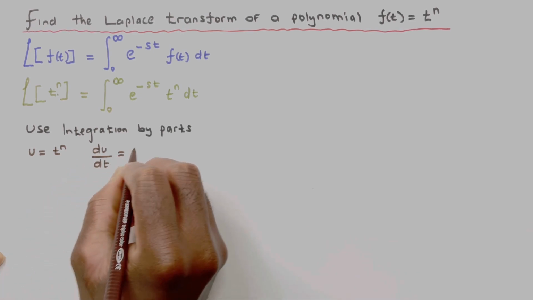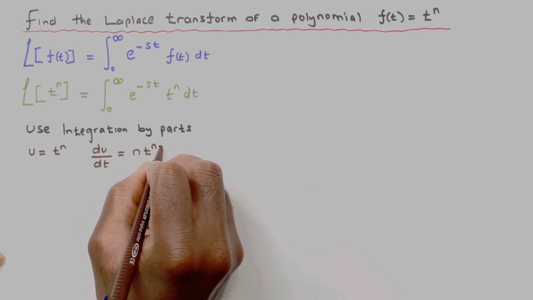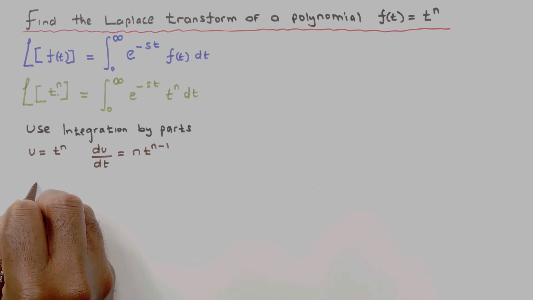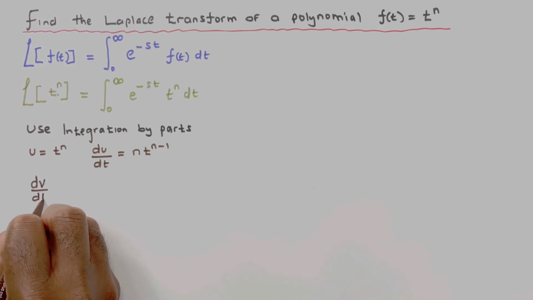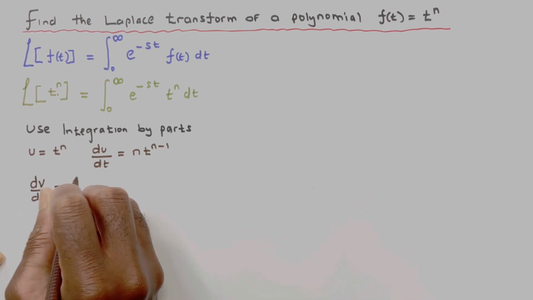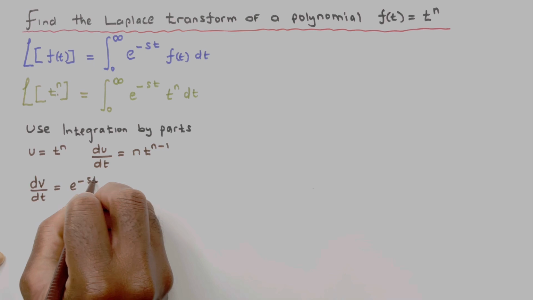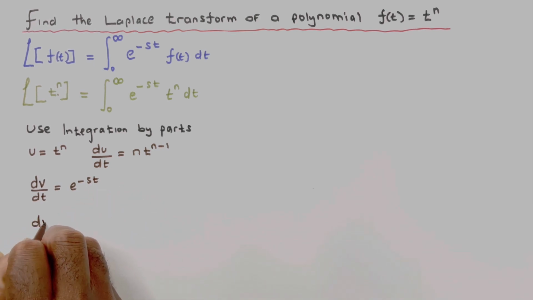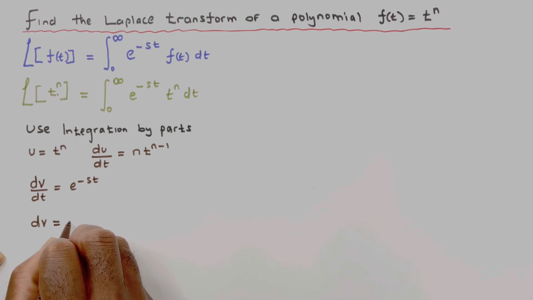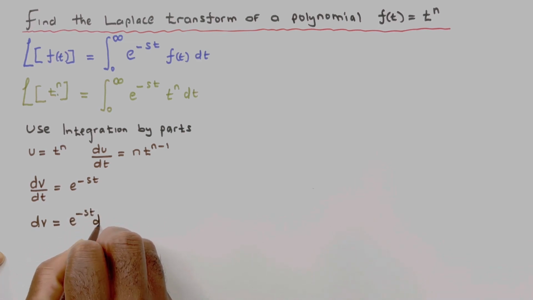du dt will be n t to the power of n minus 1, and dv dt will be e to the power minus st. Multiply both sides by dt, and you get dv equals e to the power minus st dt.